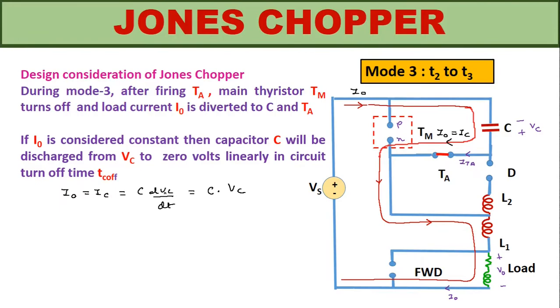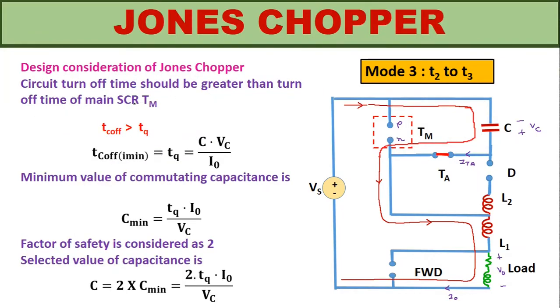So the change in voltage will be Vc, divided by the time Tc off. Now from this equation we can find the circuit turn off time Tc off. Tc off will be equal to C into Vc divided by I naught. So this is the equation of the circuit turn off time Tc off. Let this be equation number 1.